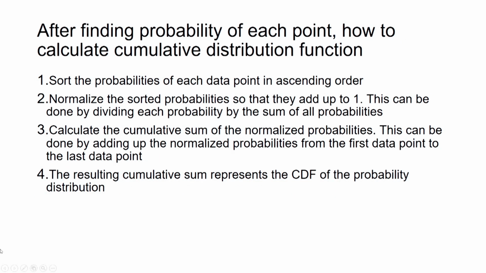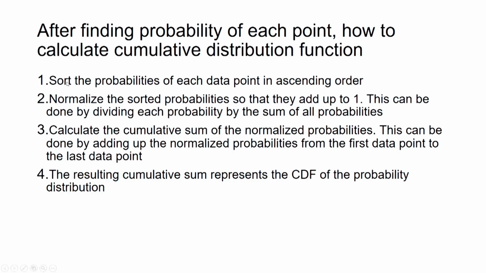Let us see how we can implement it. After finding the probability of each point, we will need to calculate the cumulative distribution function. This is only for implementation purposes, to show how we can implement the idea that we have seen here.